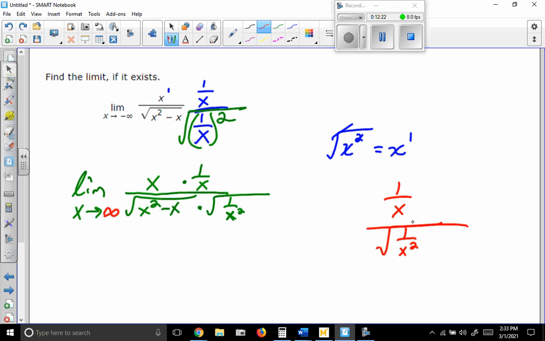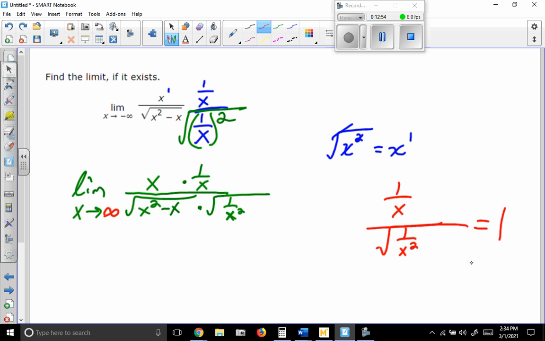If x is going to positive infinity, these two things are the same, because, as we said, the square root of 1 over x squared is essentially 1 over x, and these would give us the same value. Anything divided by itself makes 1, so we could do this and we would be okay because that is essentially 1. But that's not going to be true if we're going to negative infinity.